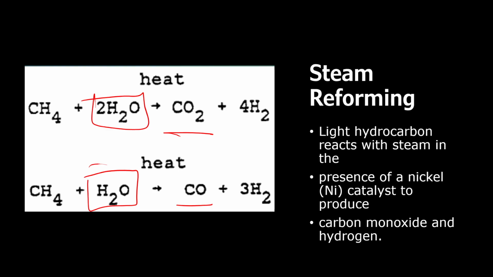You can also use steam reforming to change aliphatic, straight chain carbon compounds into cyclic compounds. You can create toluene from alkenes and stuff like that when you look at steam reforming larger chain carbons.